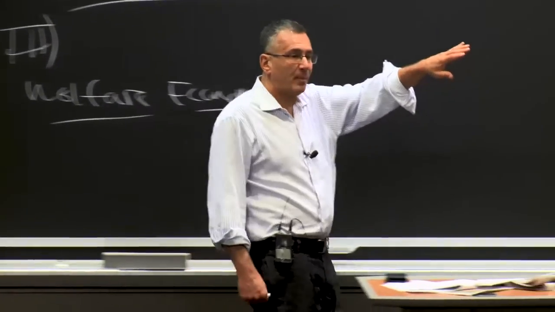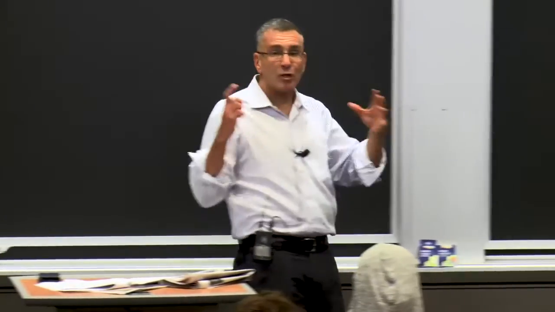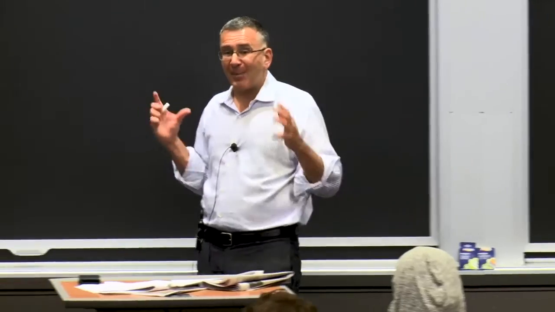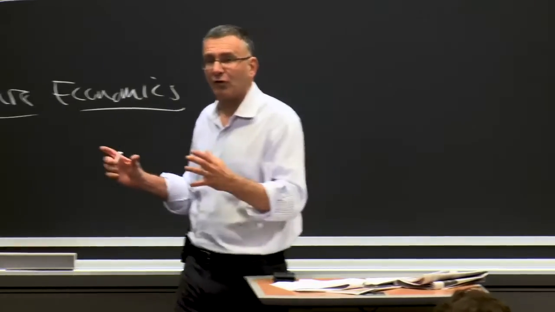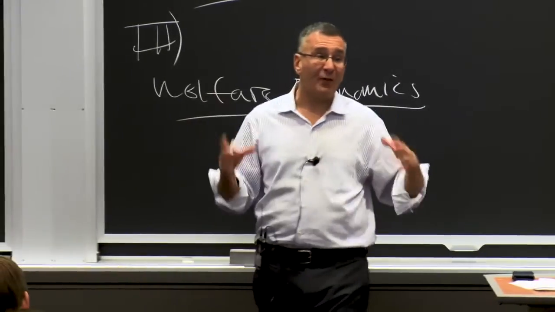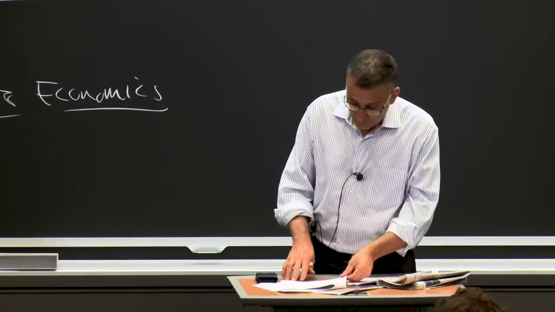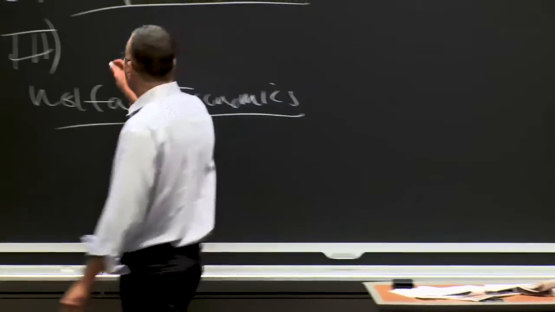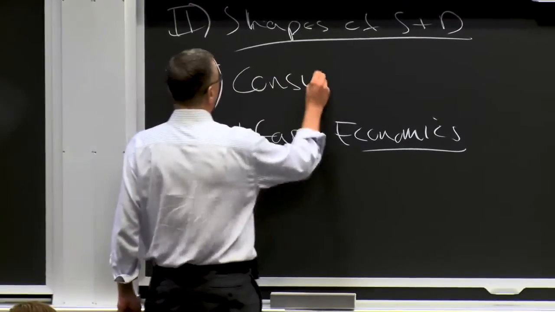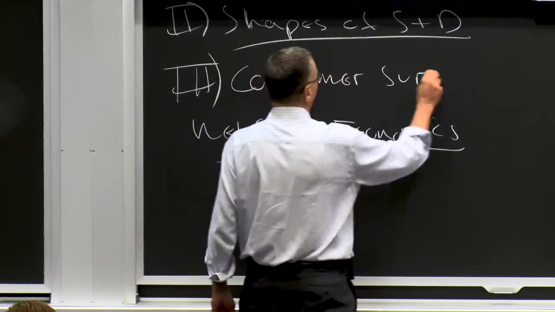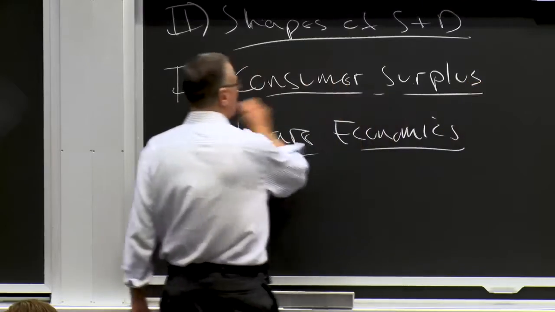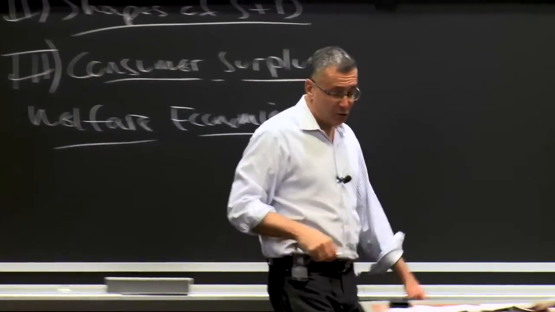I mean welfare is a measure of well-being. And welfare economics is the tools of normative analysis, the tools of measuring well-being. We're going to start by talking about the concept of consumer surplus. It's the first thing we're going to use when we talk about welfare economics.